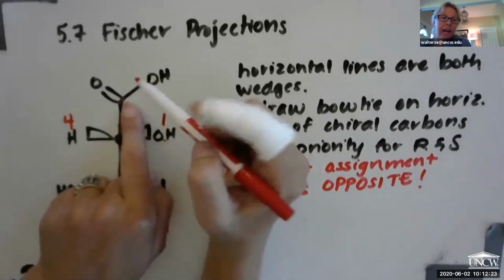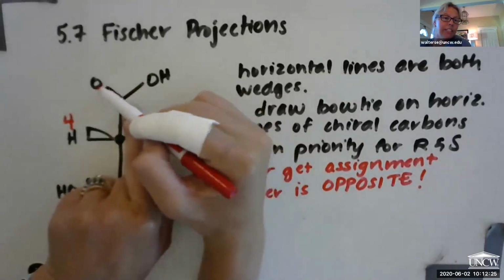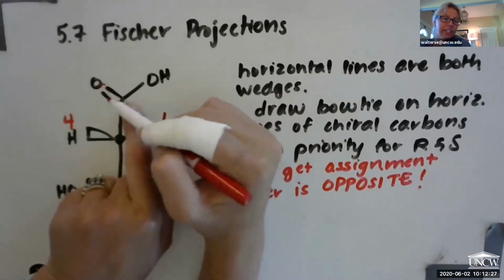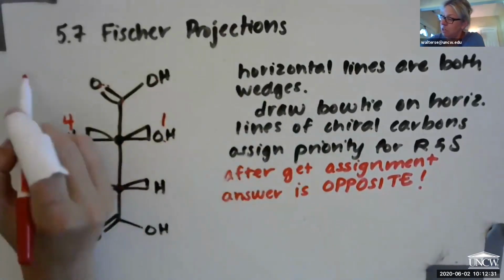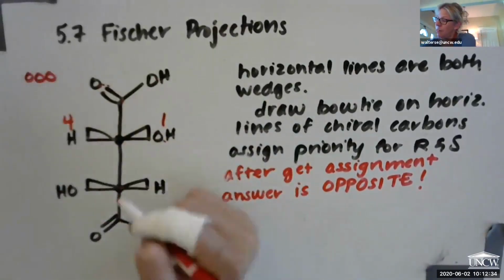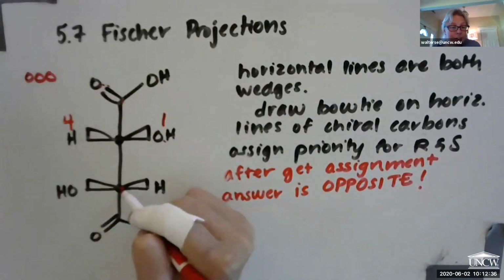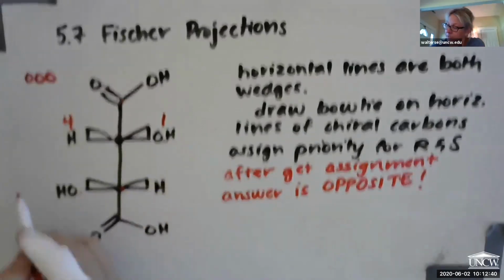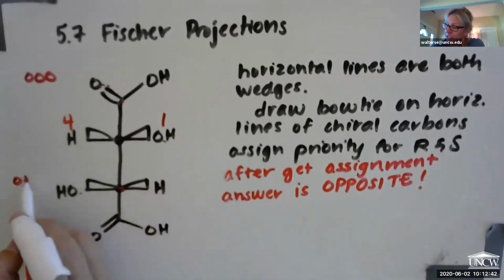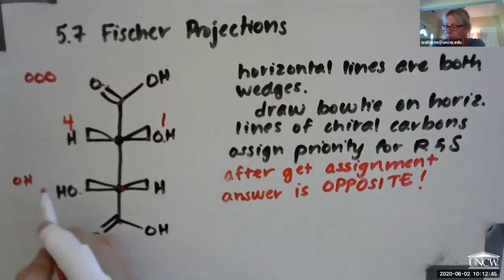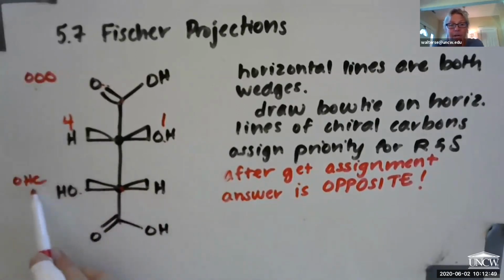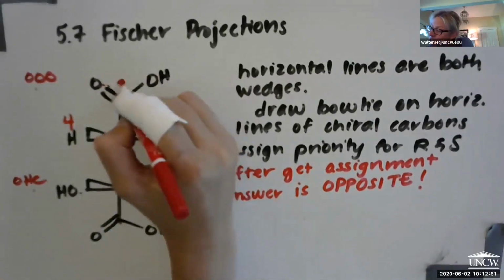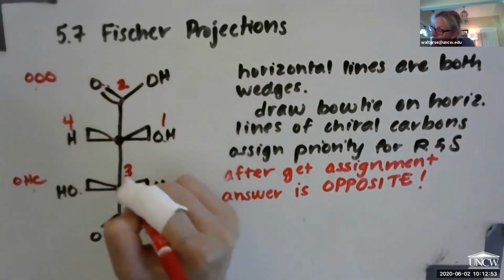This carbon at the top is bonded to oxygen, oxygen, because it's on a double bond. So oxygen, oxygen, oxygen. This carbon down here is bonded to an oxygen, a hydrogen, and a carbon. So 3 oxygens beats 1 oxygen. This is 2, and this group down here is 3.